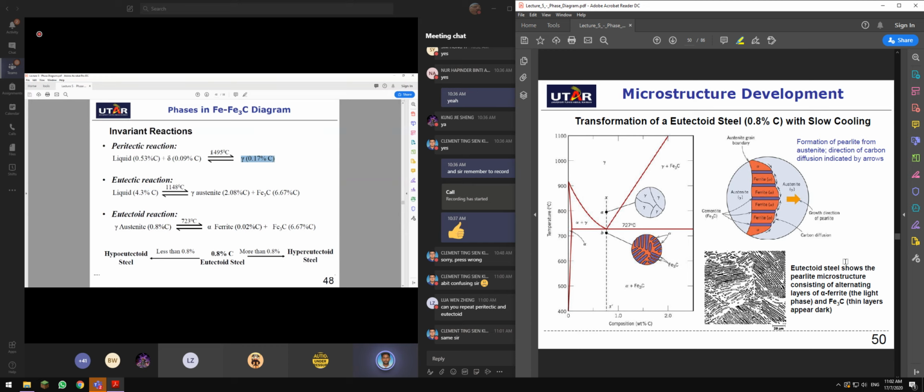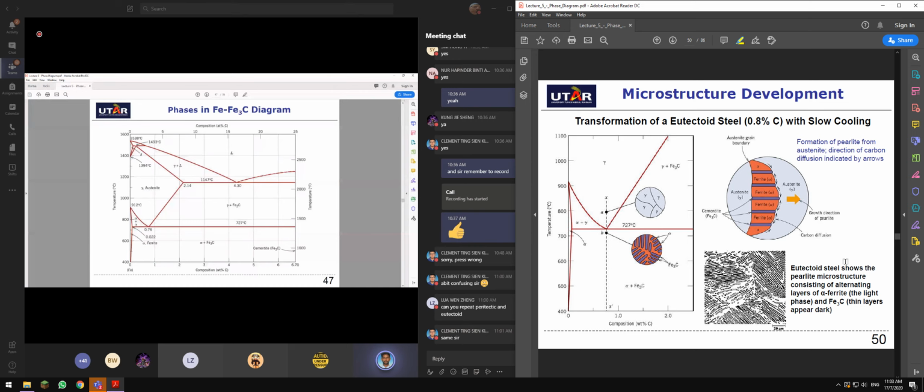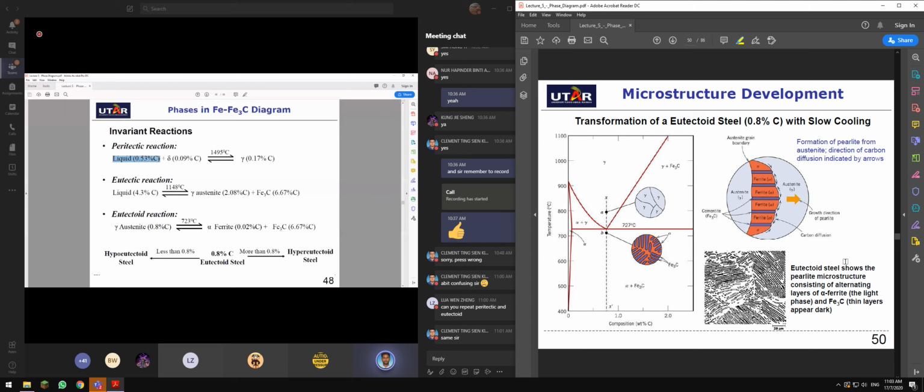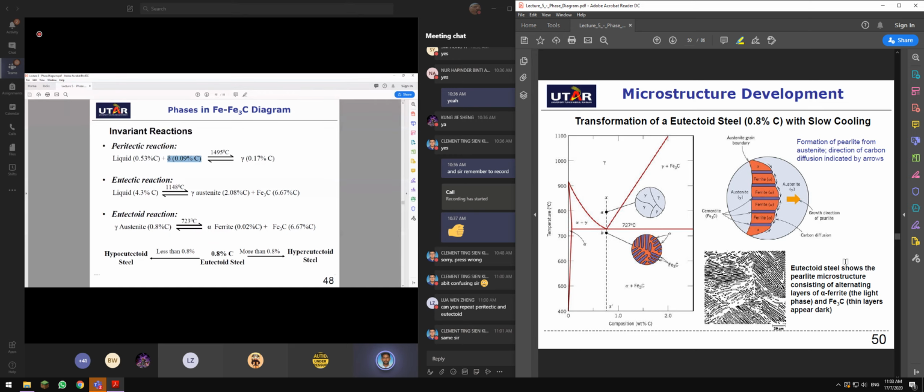When you increase the temperature beyond 1497, it transforms directly into liquid having a carbon content of 0.53 and ferrite iron, which has a carbon content of 0.09 over here. It transforms directly. So that is the definition of peritectic reaction.